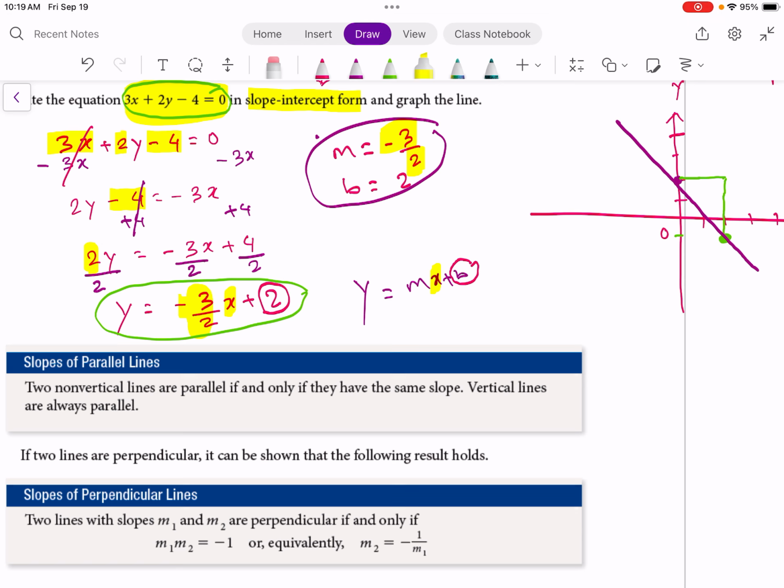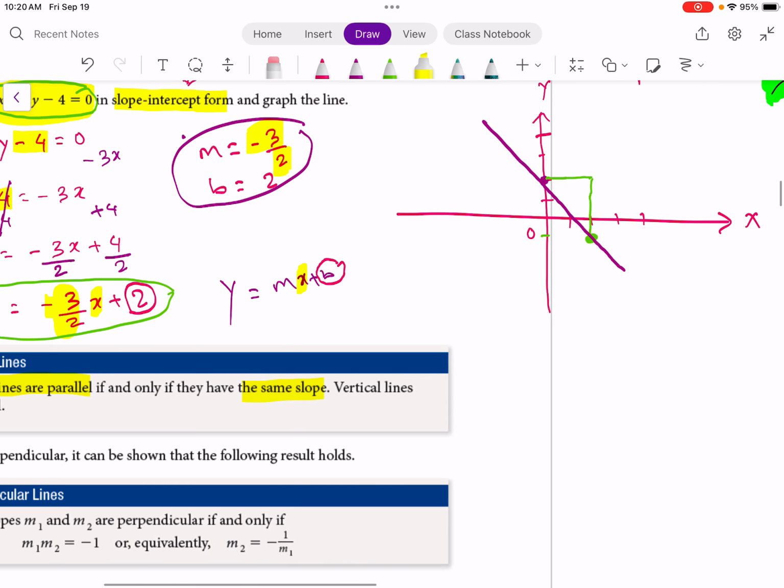Next here. Now if we have two non-vertical lines, and if they are parallel to each other, then their slope is exactly the same. So if we have two lines which are parallel to each other, then the slope has to be the same.